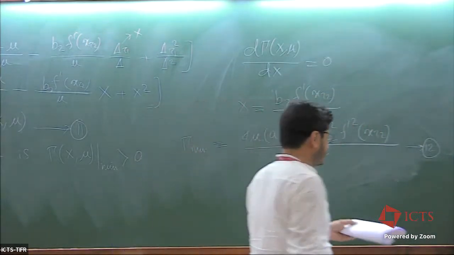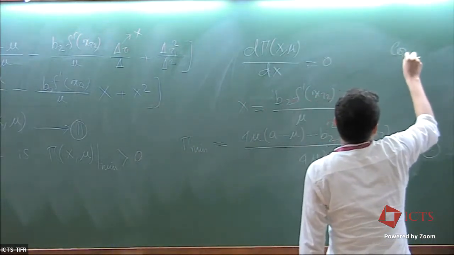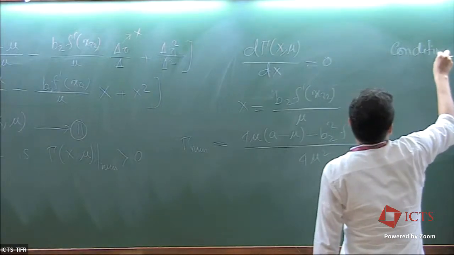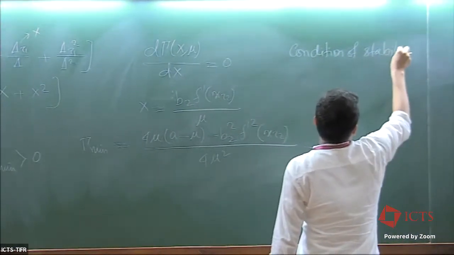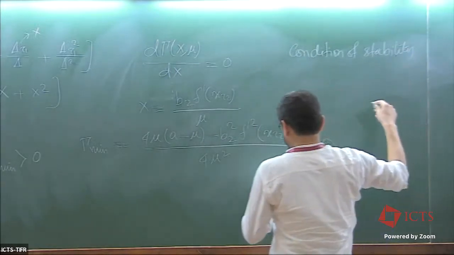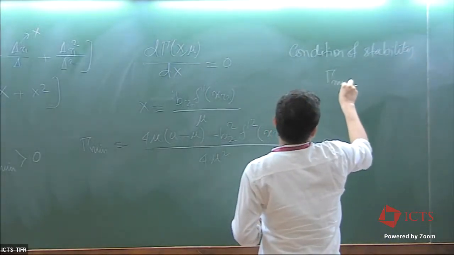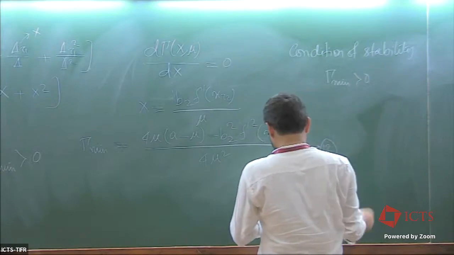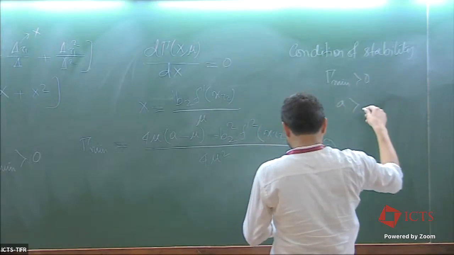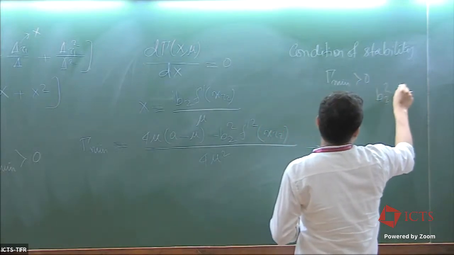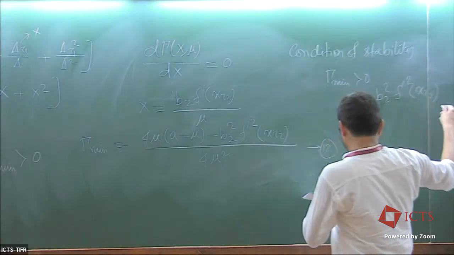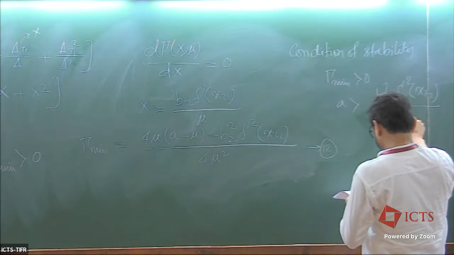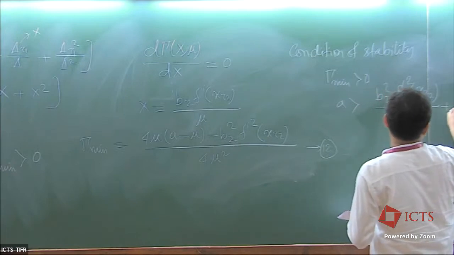Now the condition of stability: gamma min greater than 0, that is a is greater than b2 square f prime square x of tau 2 divided by 4 mu, plus mu.